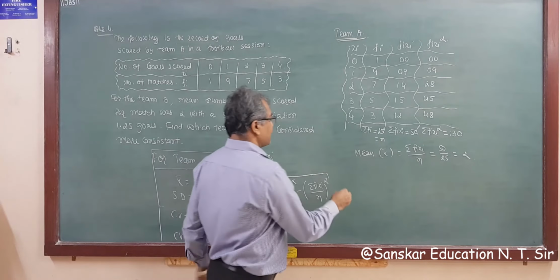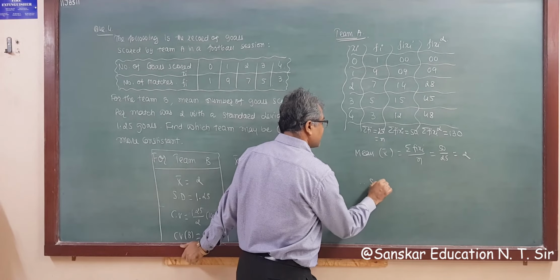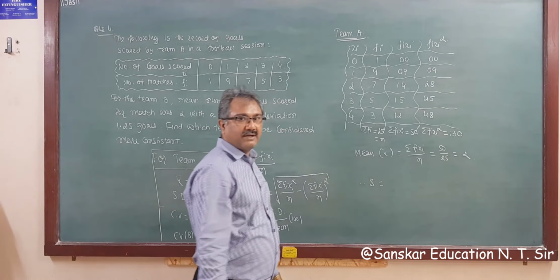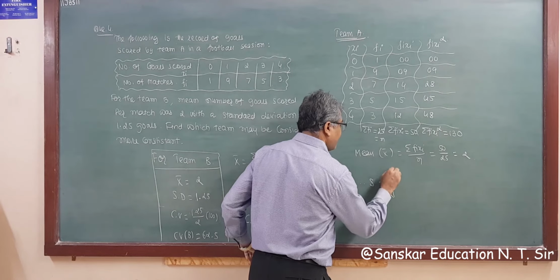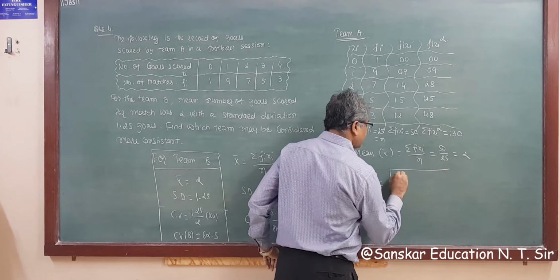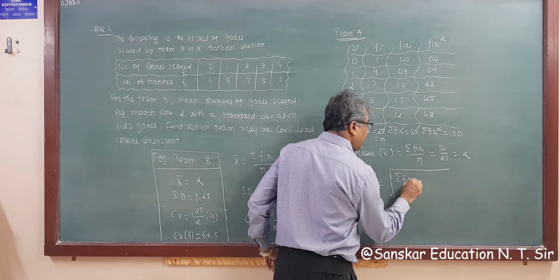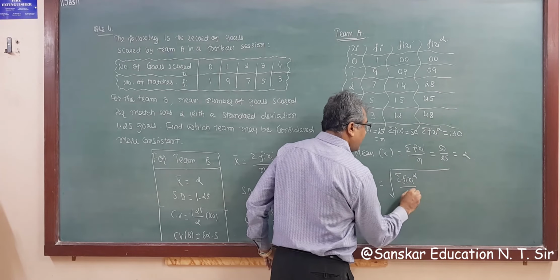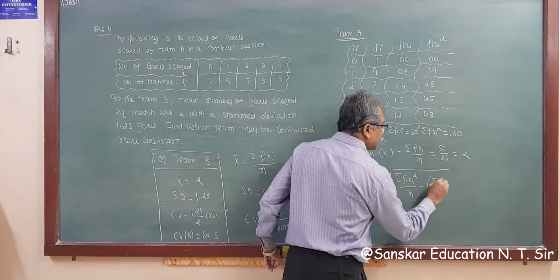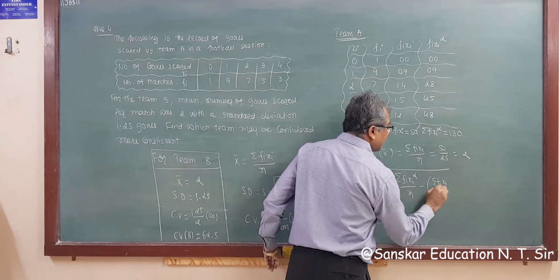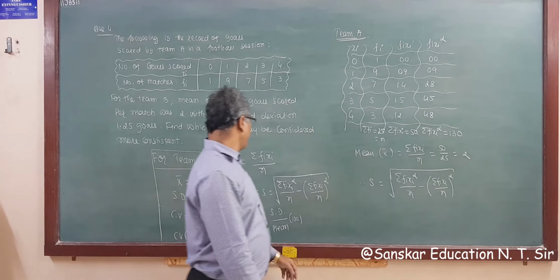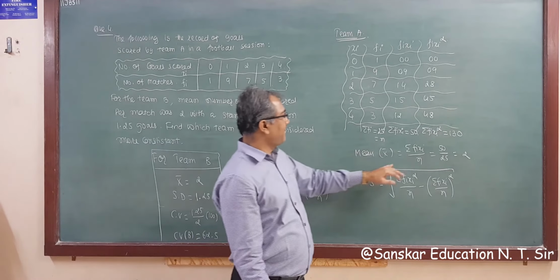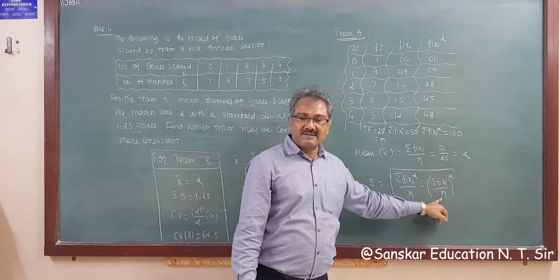So standard deviation S is equal to square root of sigma fi xi square upon n minus (sigma fi xi upon n) whole square. Either you can write directly 2 square, that is 4.